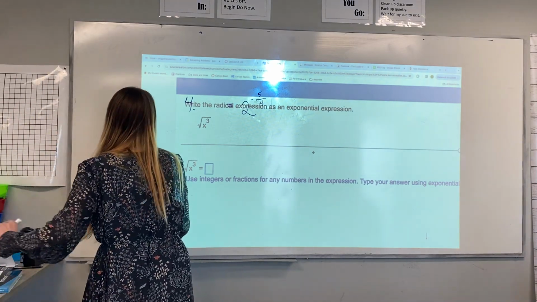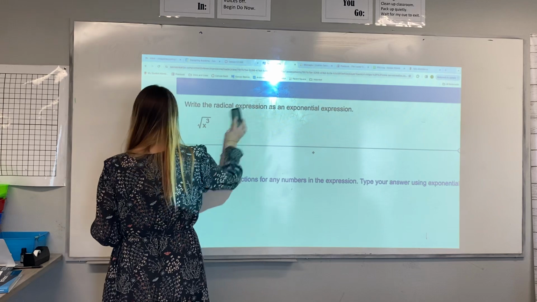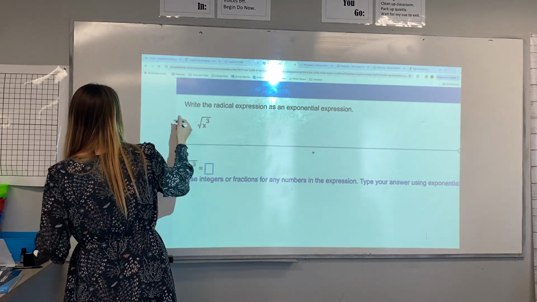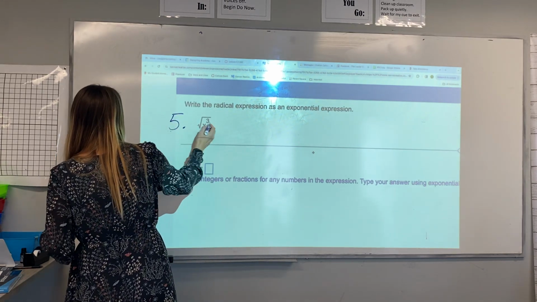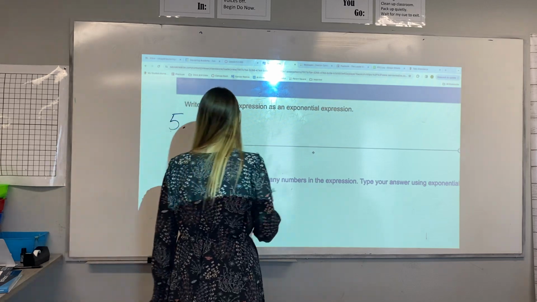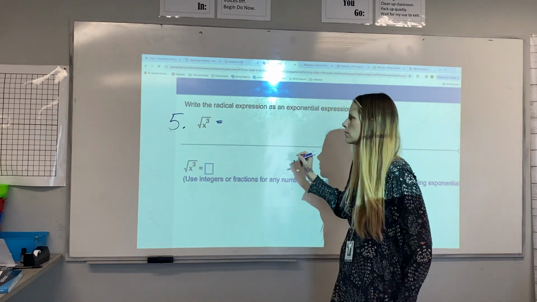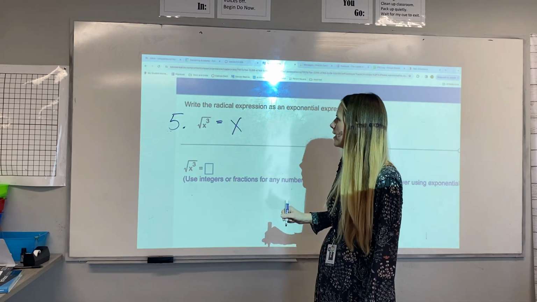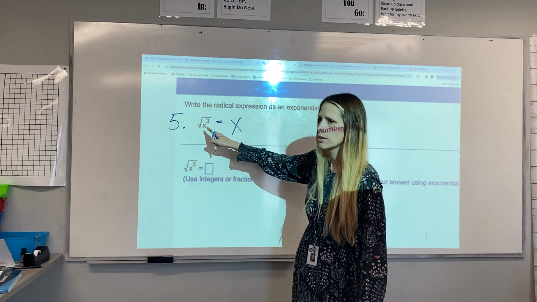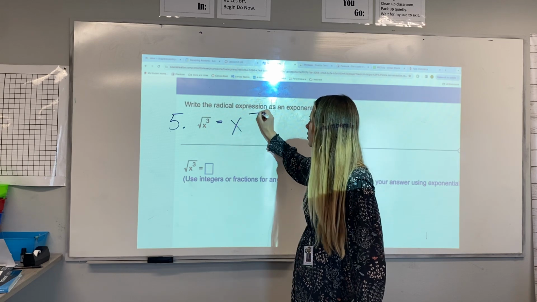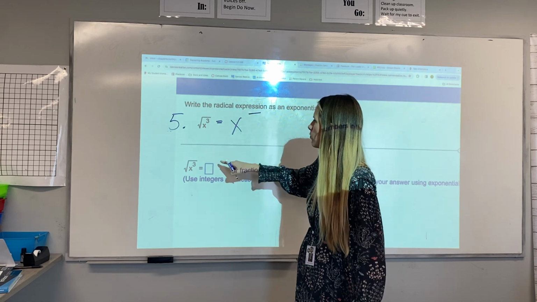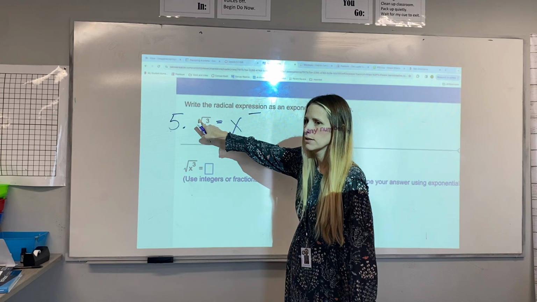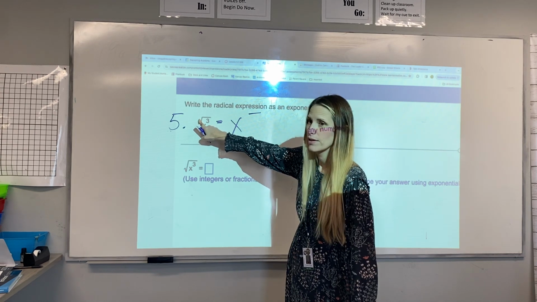So now this is number 5. What's our base? 3x. And then what is our root? 3. Nope, that's our exponent. What's the root here? It's an invisible 1? 0?